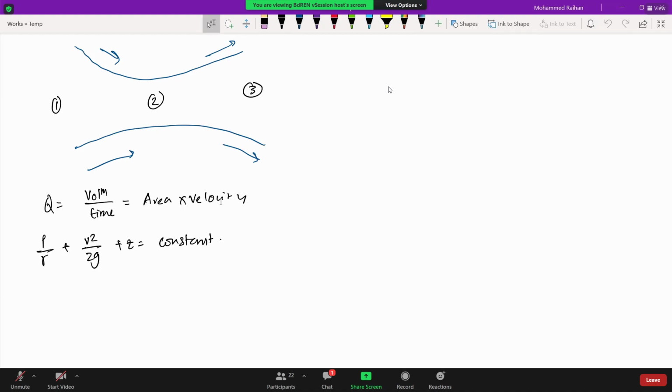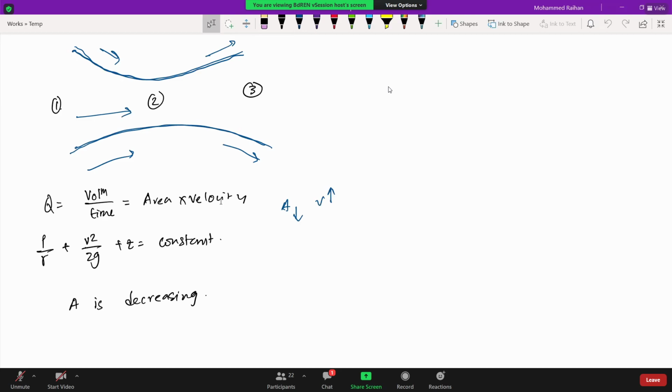So you see from section 1 to 2, what is happening to the area? Area is decreasing, right? As the area is decreasing, what will happen to the velocity from section 1 to 2? Velocity will increase. Since the area is decreasing, velocity will increase.